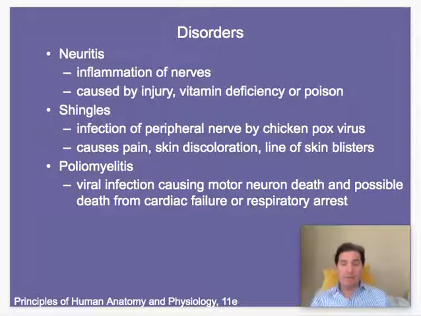Polio right now is pretty much contained in most parts of the world, so it's almost been eradicated, but it hasn't been. It's still present in a couple of countries.